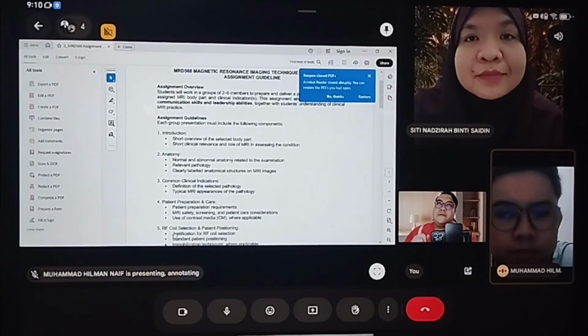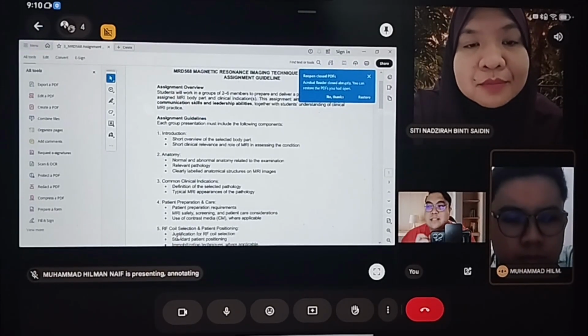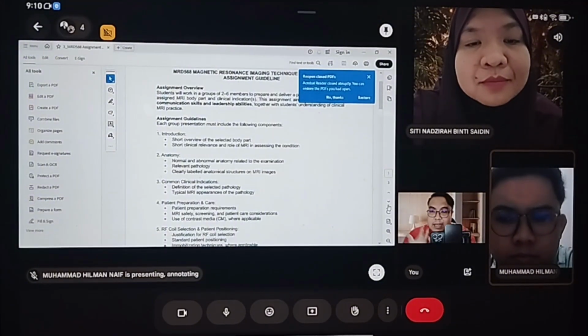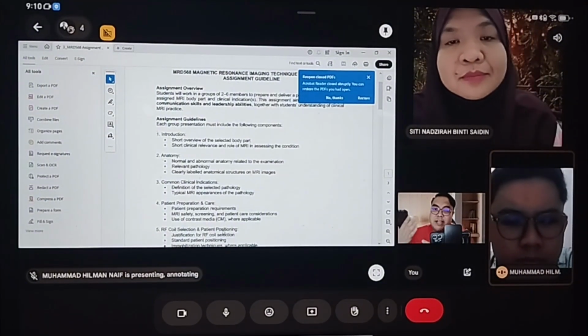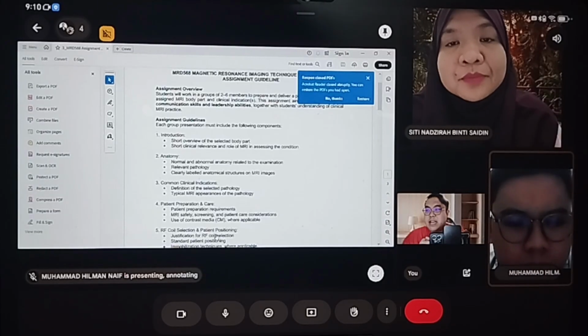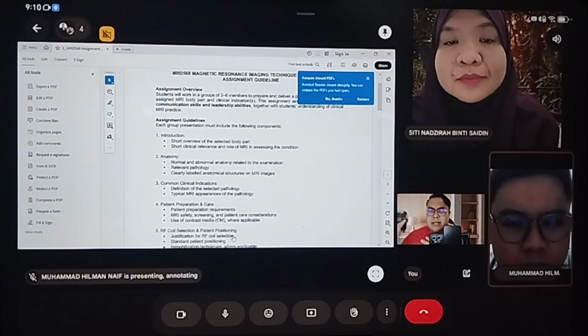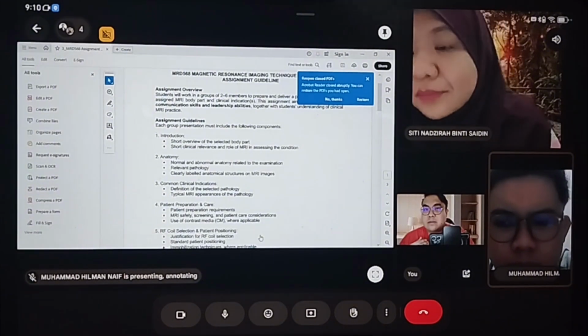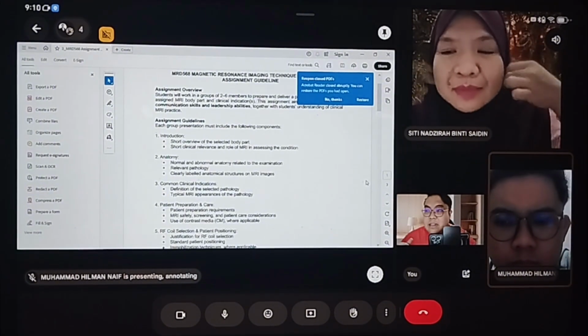We need to cover the introduction, anatomy, clinical indication, patient preparation and care, RF coil selection and patient positioning, and the most critical part, the MRI protocol, and the last part, the MRI artifact.